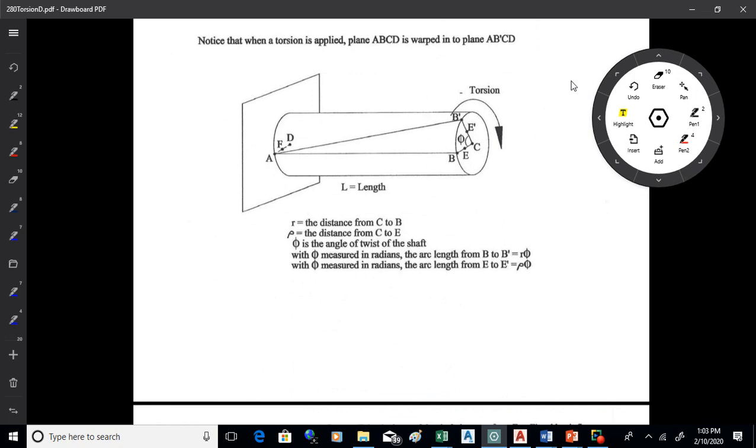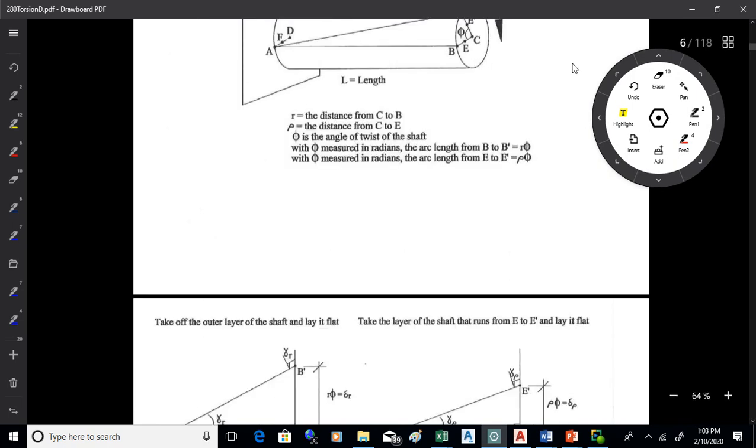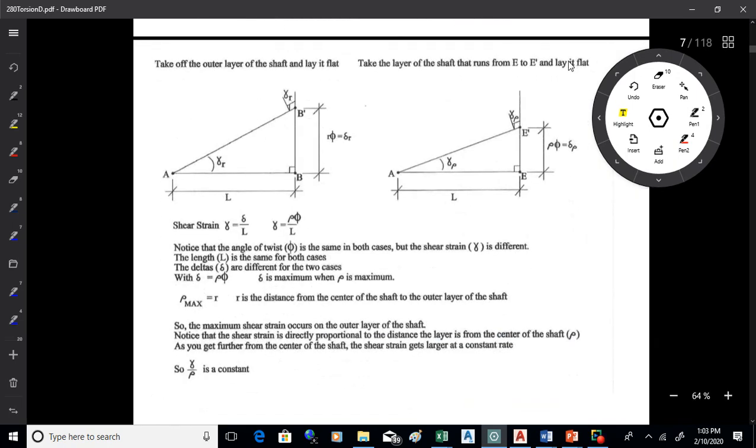If we take the outer layer of the shaft and lay it on the table, we could also take a layer from E to E prime on the inside and lay that on the table. You get these fundamental relationships here. So what we have here is an arc distance.